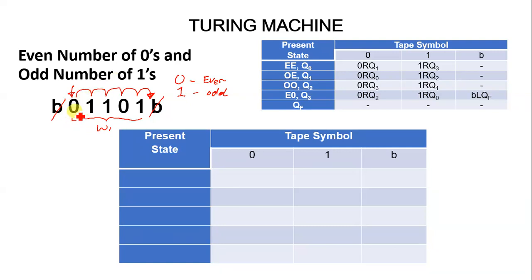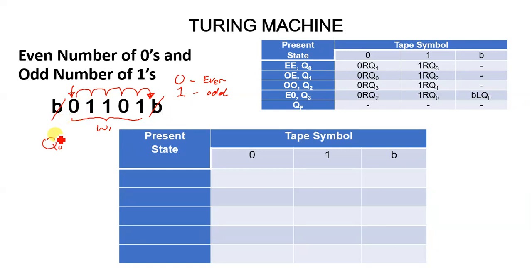For example, at Q0, at Q0, the tape head will read the symbol 0, and then will move to the next step, the second symbol. The tape head will read the second symbol, value 1, in this string. So this symbol will affect the state.